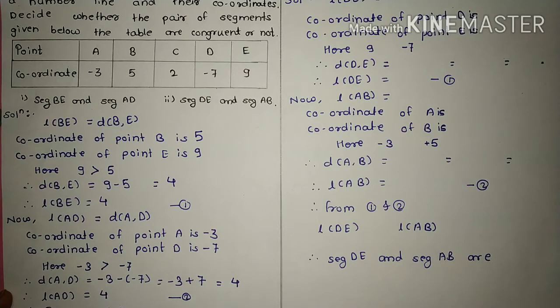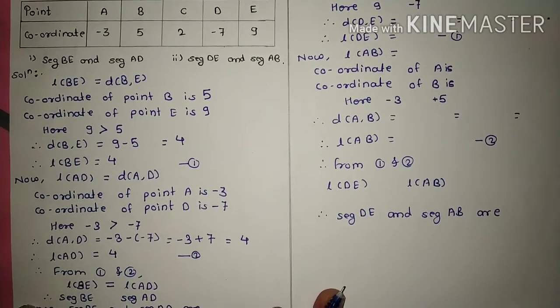This is number 2. From 1 and 2 we can conclude that length of BE equal to length of AD. Means here two segments have equal length. Therefore we can say that segment BE is congruent to segment AD.